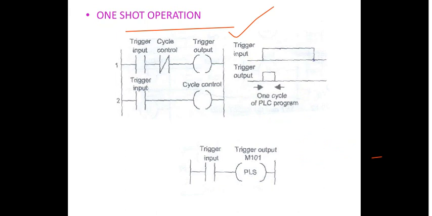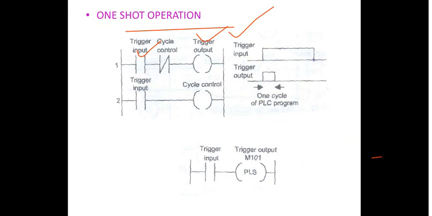This normally closed switch will remain closed only because its control appears in the next rung. We have not yet come to the second rung; we are in the first rung itself. Please try to understand this. So the cycle control will remain closed, and as long as there is a trigger input, there will be a trigger output.